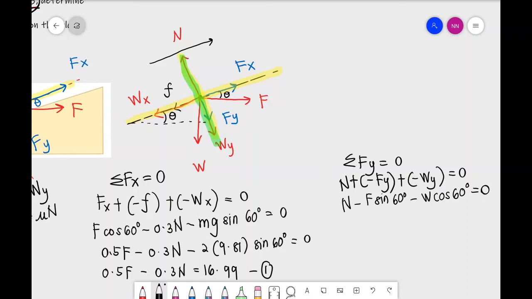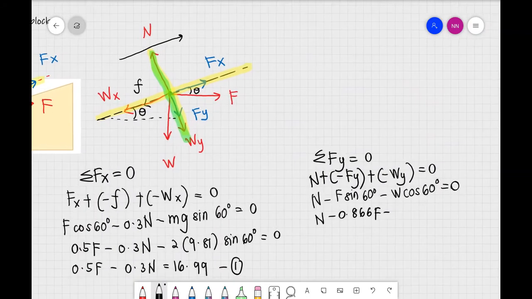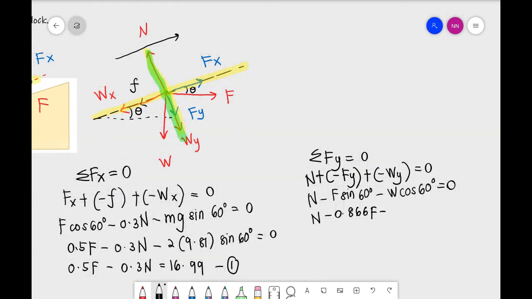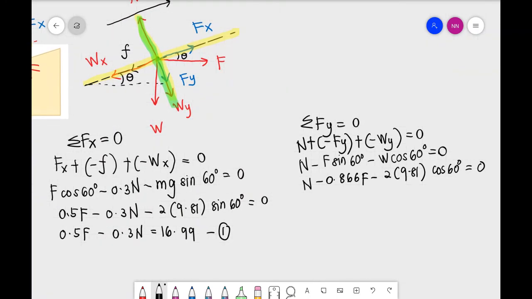Then we can simplify: N minus F sine 60 degrees, where sine 60 degrees equals 0.866, so 0.866 F, and W equals mg, where m is 2 kilogram and g is 9.81, times cos 60 degrees equals 0. Maybe we can let N be the subject.